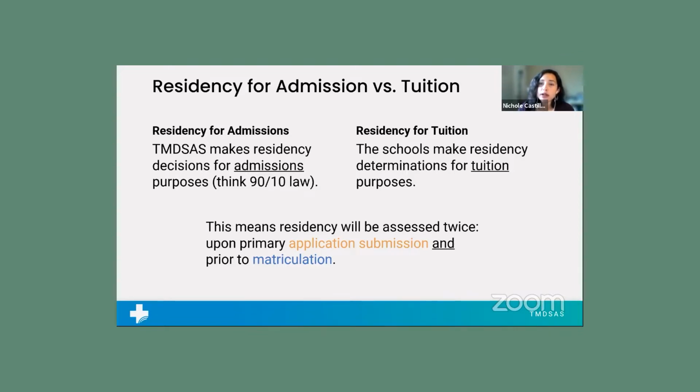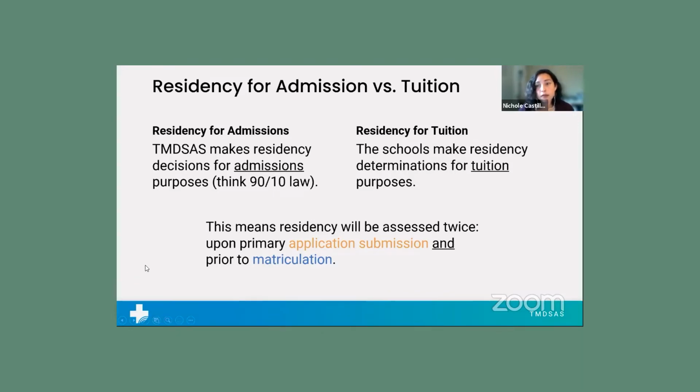The schools, in turn, make residency determinations for tuition purposes. So what this means for each individual is that their residency will be assessed twice. The first time is upon submitting their primary TMDSAS application, and the second time is prior to matriculation. Again, the first time for admissions purposes and the second time for tuition purposes.